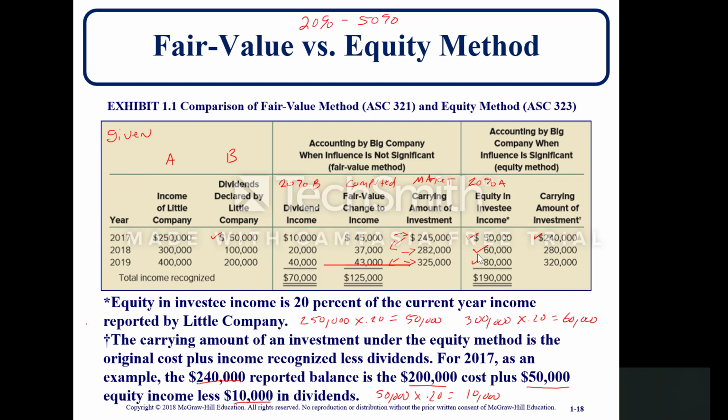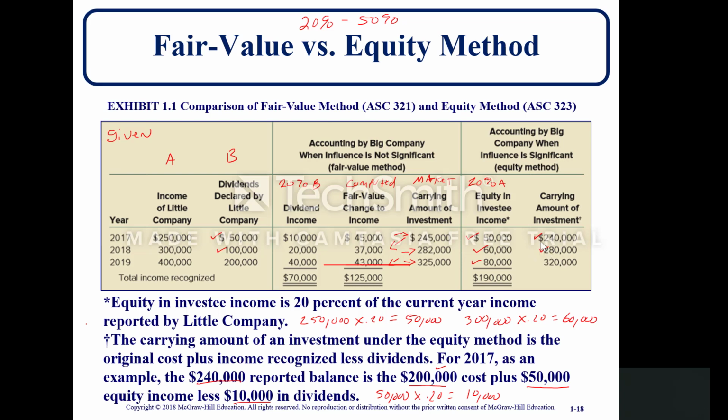So the next year, the 280,000 will be computed by the 200,000 original cost plus the $100,000 for 2018 less $100,000 times 20%, which will be subtracting 20,000, and that'll give you 280,000.